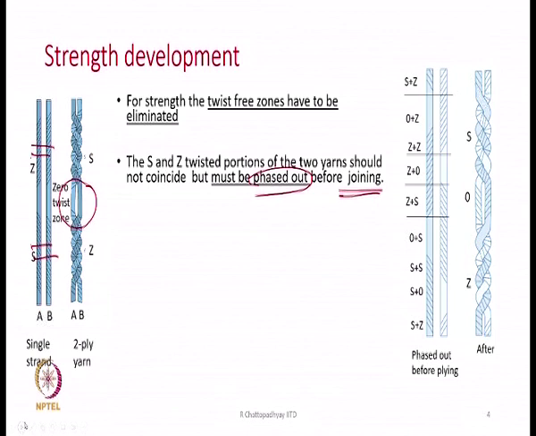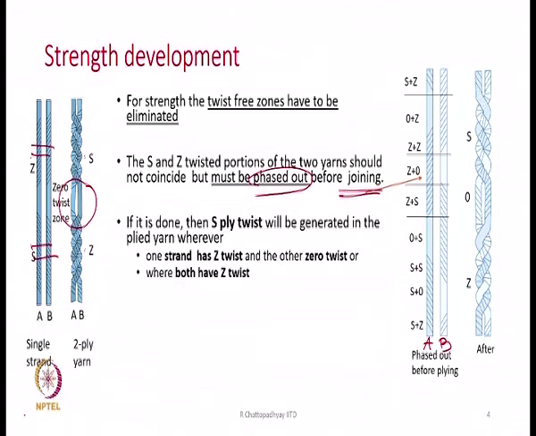Now, if you see the right hand side diagram, that is what has been done. There is a phase shift between the two strands A and B, and if we look at this, here is a portion where strand A is having S twist and strand B is having Z twist.